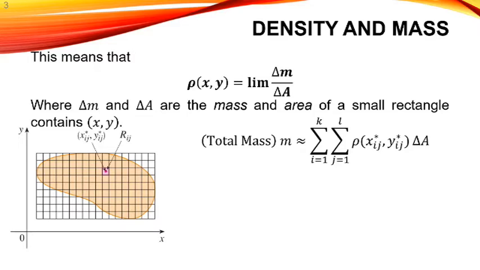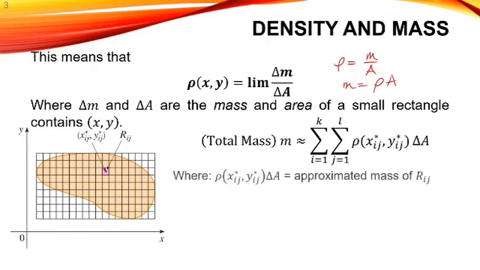Diba? Since we have the density is equal to mass over area, so yung mass would be density times the area. Where yung rho of xij, yij times delta A is the approximated mass of the region R sub ij.